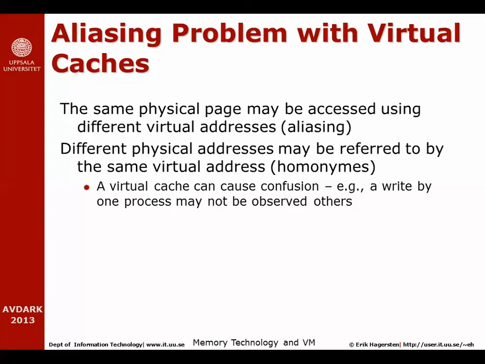If you have aliasing and use virtual caches, that means that the same piece of data may exist in the cache at the same time under different virtual names. Many copies of the same piece of data could reside in the cache. And this could really confuse the computation.